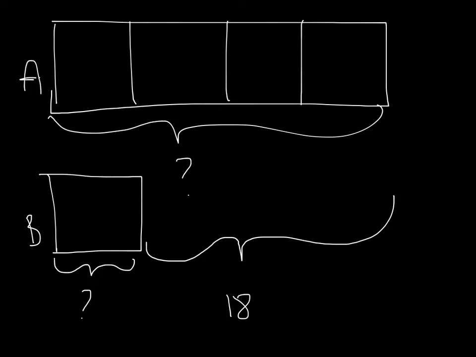Okay, so we don't know the value of A, and we don't know the value of B, but we do know that A has 18 more than B. And we also know that that 18 is equivalent to 3 boxes. So if we were to figure out the value of each box, we would need to divide 18 evenly into 3. We know that 18 divided by 3 is 6.